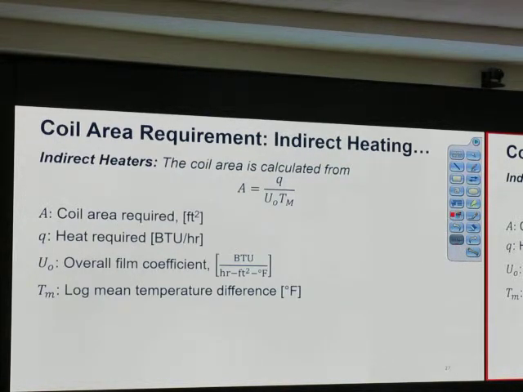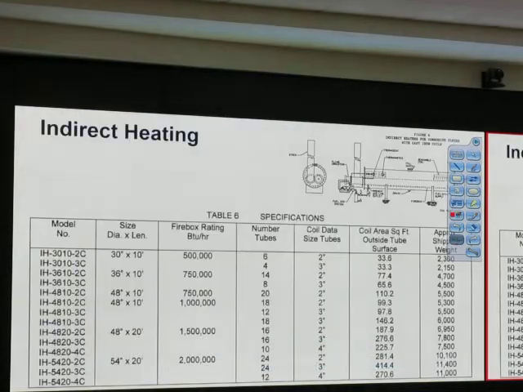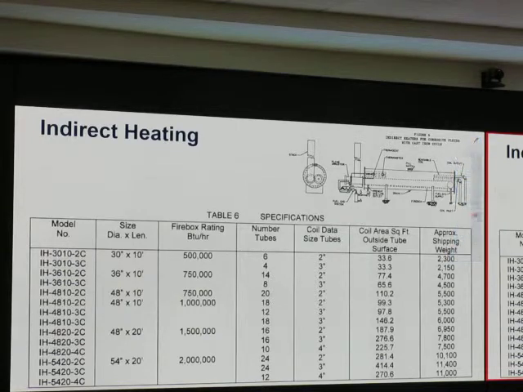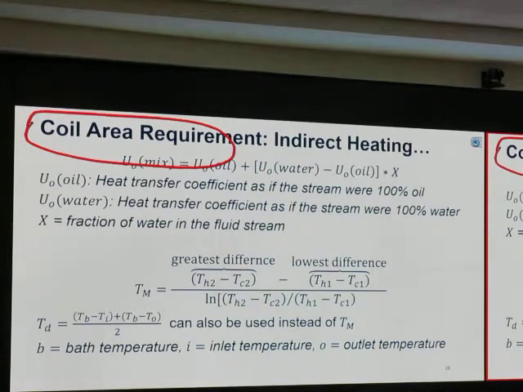Coil area, delta T. At the end we have what? Indirect heating method. Okay? If we have very corrosive material, a lot of H2S, we may not be able to do direct heating. We may have to do indirect heating.